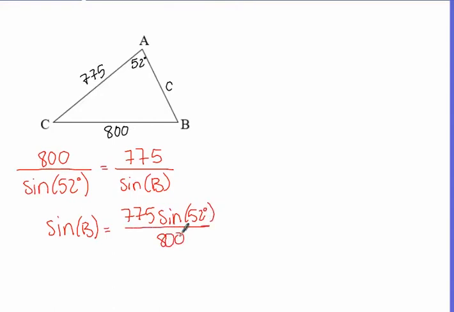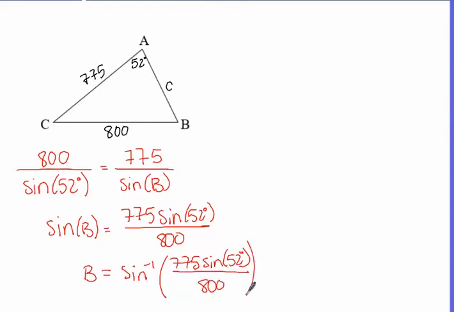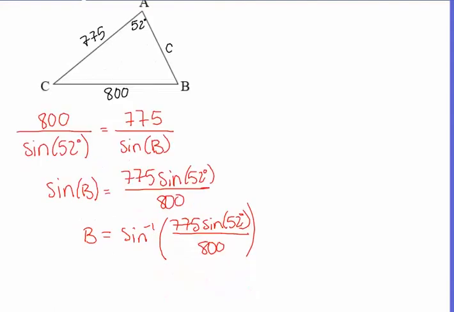And then I need to do the inverse sine of both sides. So I have that B will be the inverse sine of this fraction. If I plug this in my calculator, I get that the measure of angle B is 49.764 degrees.